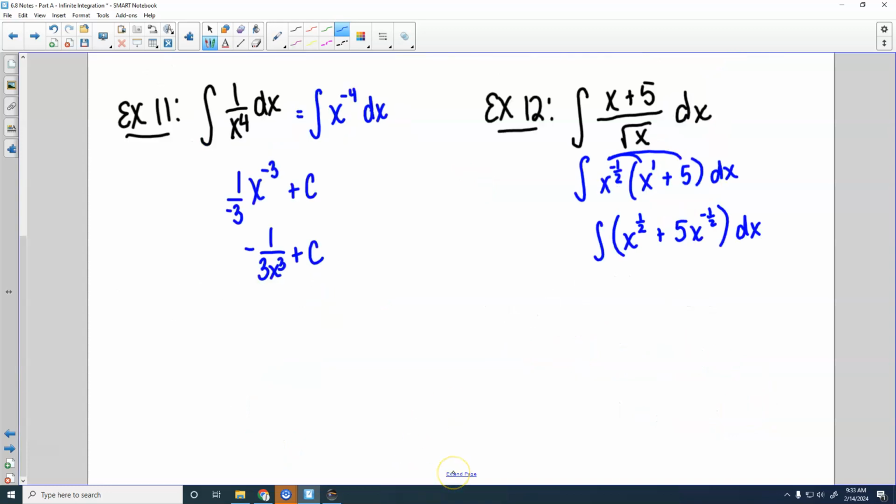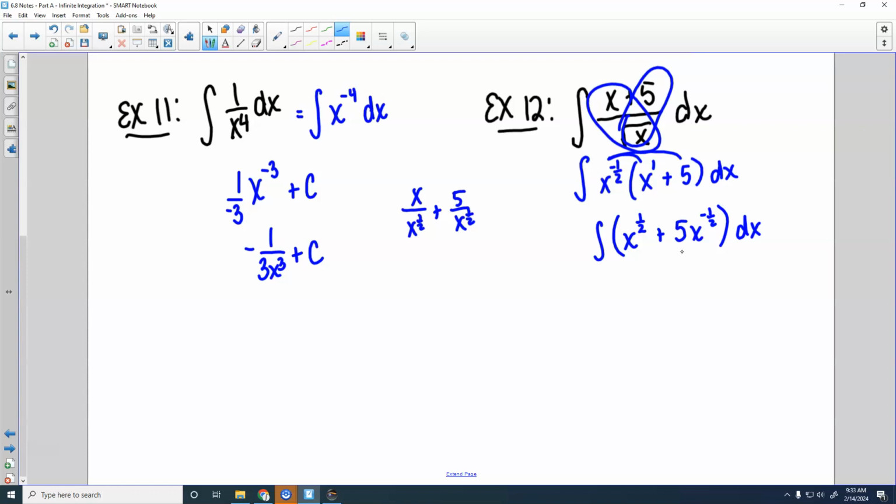Another way to think about that, besides moving it up, is that you could do a love connection. So it'd be x over x to the 1/2 plus 5 over x to the 1/2, and then you could simplify that. You'll get the same thing here. But either way, we need to do this first.